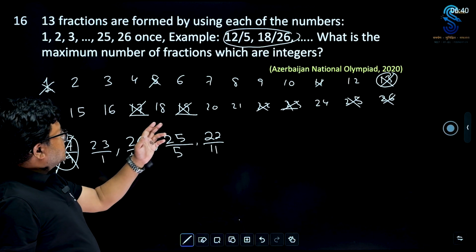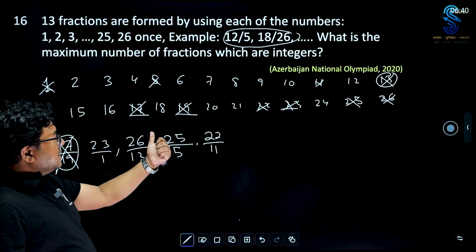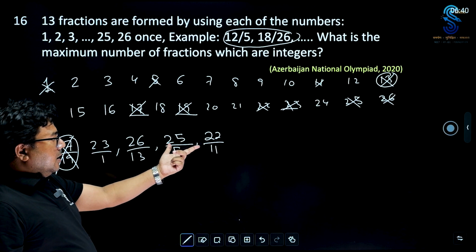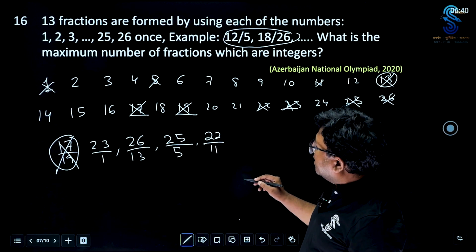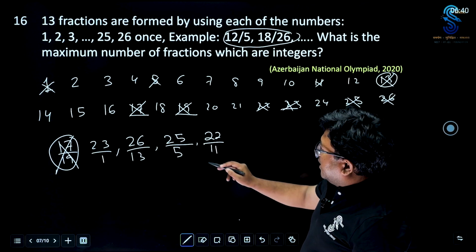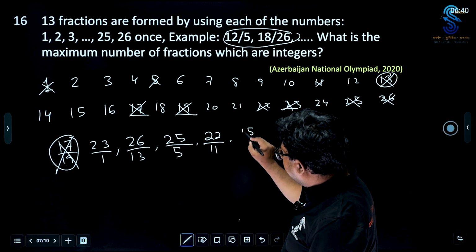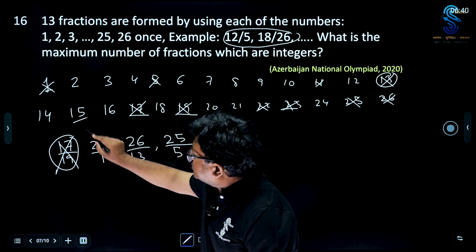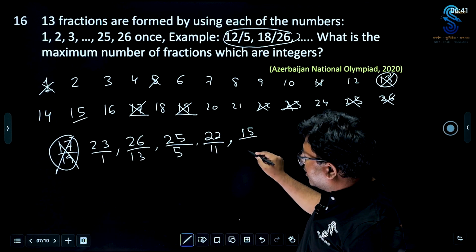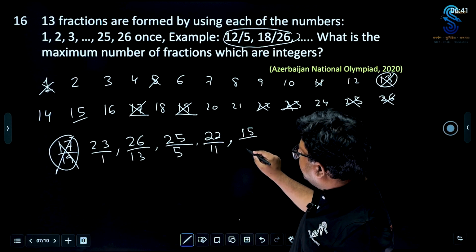Again, if you put 7 in the numerator, you can put 21 as well as 14. So we need to think about the other case. Now, if you put 15 you can put only in the numerator. So if you put 15 in the numerator, denominator can be 1 already gone, 5 already gone, 3.